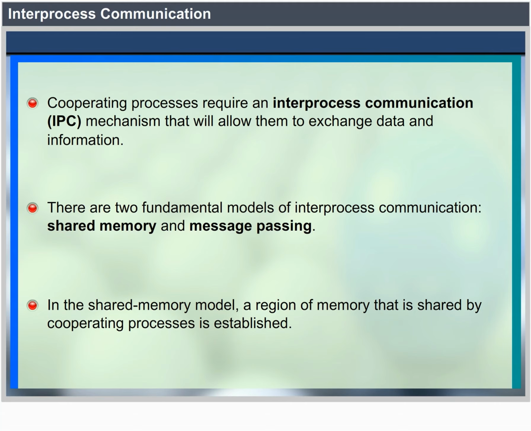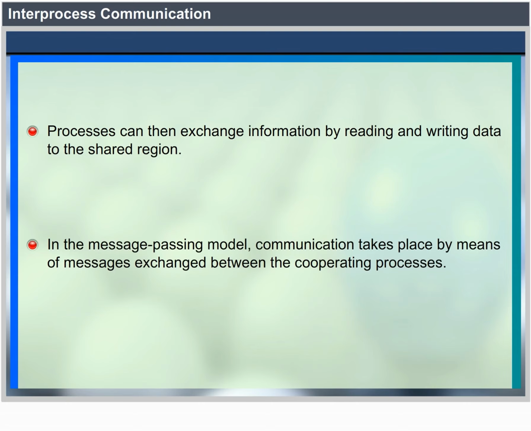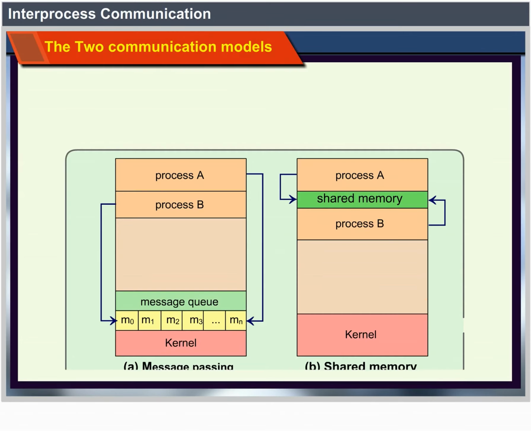Processes can then exchange information by reading and writing data to the shared region. In the message passing model, communication takes place by means of messages exchanged between the cooperating processes. The two communication models: A. Message passing, B. Shared memory.